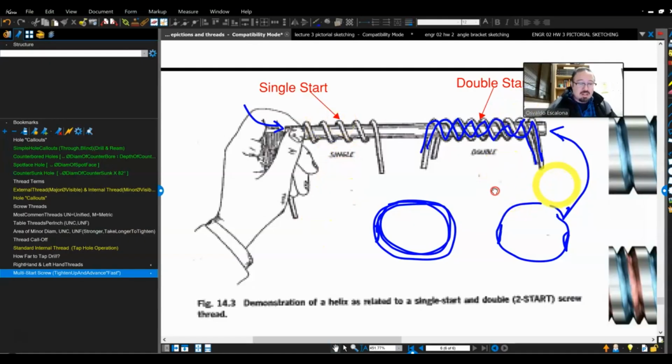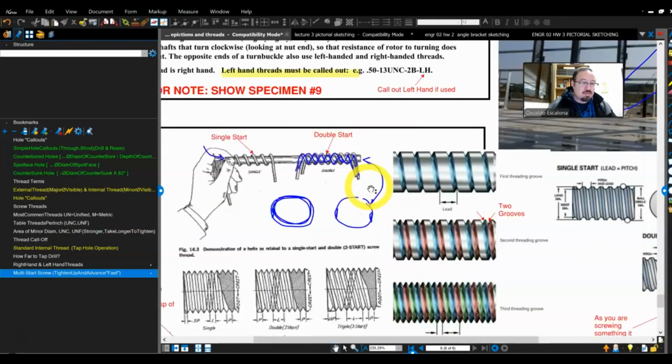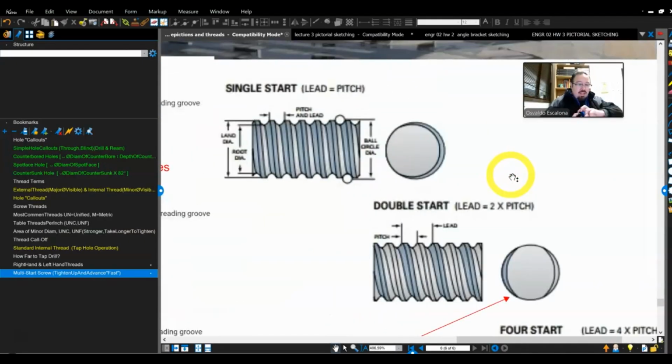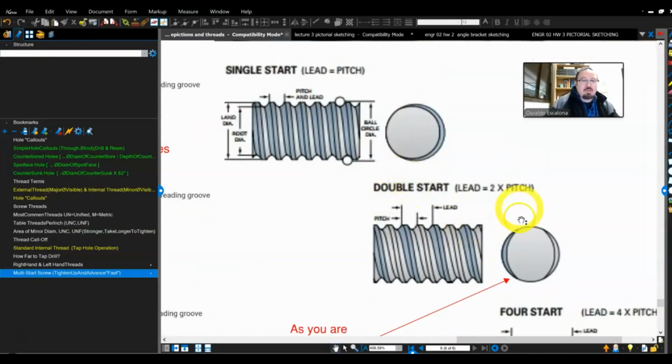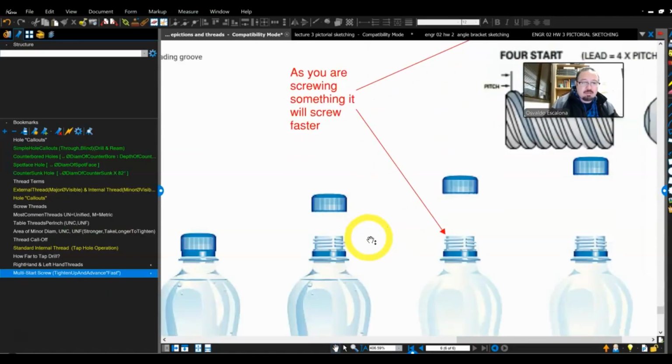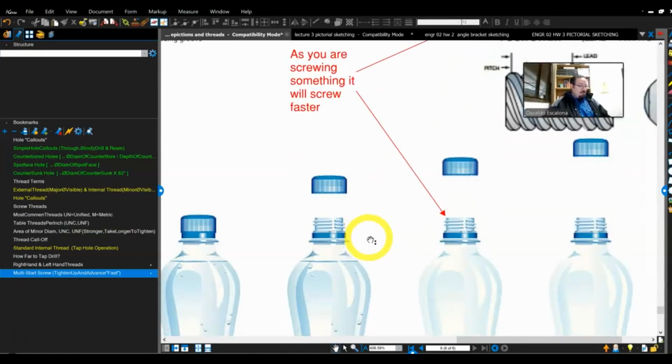What is the difference? The reason why you use single, double, triple, quadruple stars is because you want the things to engage faster. When you have a single star, it will not be as fast as a double star. Think about it like a water bottle. If I want the cap to engage into the thread with a single star, I will have to rotate the cap 360 degrees to engage it.